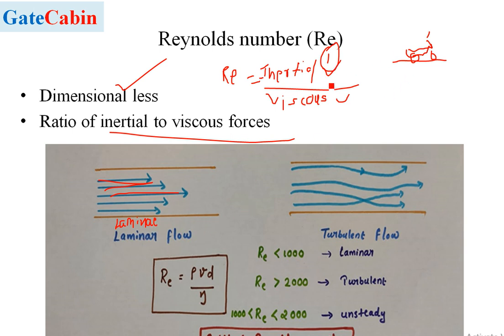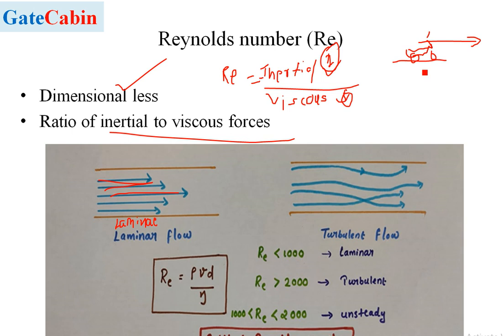When the inertia forces take over, the speed increases. Imagine the speed of the bike increasing. At high speed, the tires try to leave the surface, and it feels like they are running above the road surface.